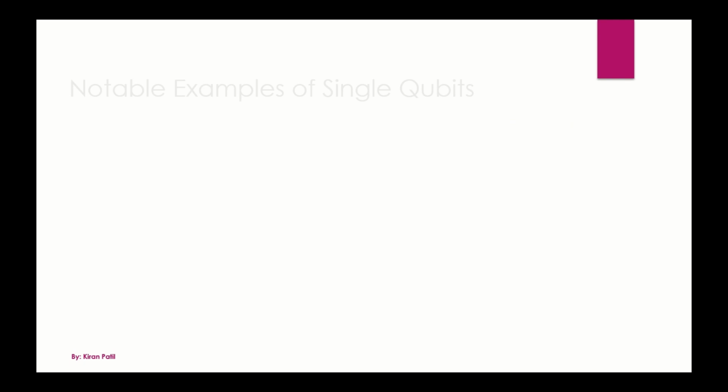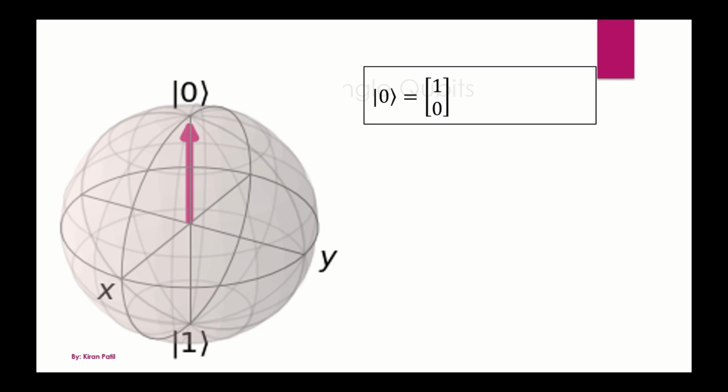Using this expression we will see what the values of Ket 0 and Ket 1 are, and what the values are of the qubit lying on the x-axis and y-axis. Firstly, Ket 0, as we know, is denoted by the column matrix 1 0.